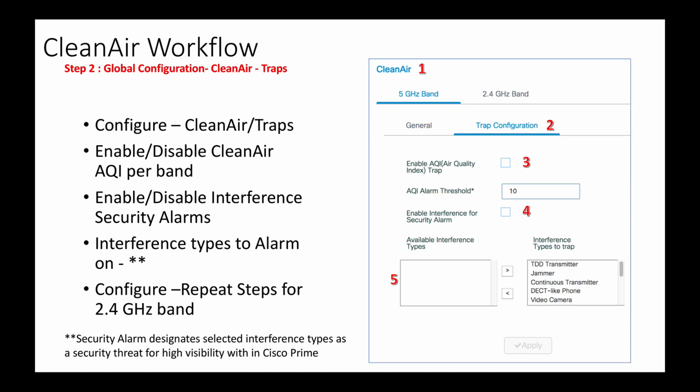Trap configurations allows for the air quality index trap, setting that index, and then the enable interference for security alarms. Keep in mind, when you use this, those are just interferers that you consider to be a security alarm, and they do override the utilization values of the same type interferers from the AP.